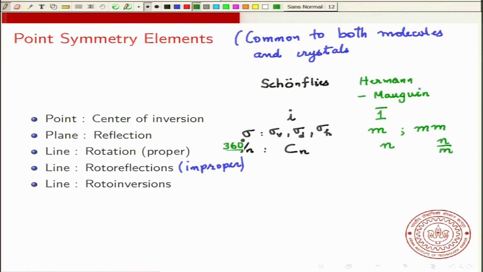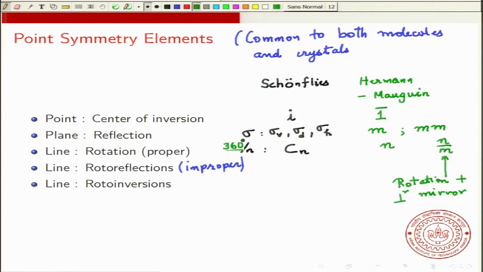So this refers to a rotation plus a perpendicular mirror. Okay, so that's about these proper rotations.